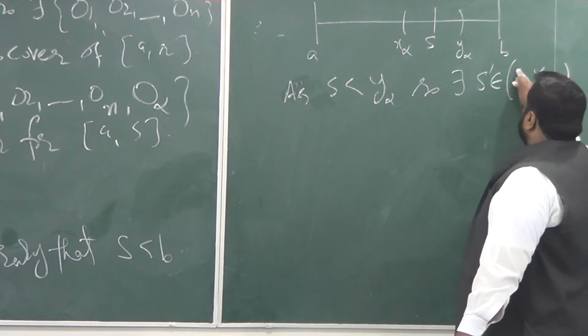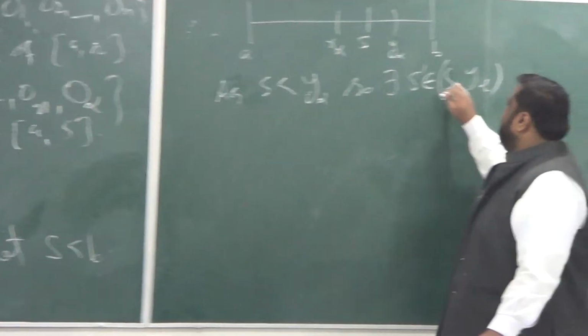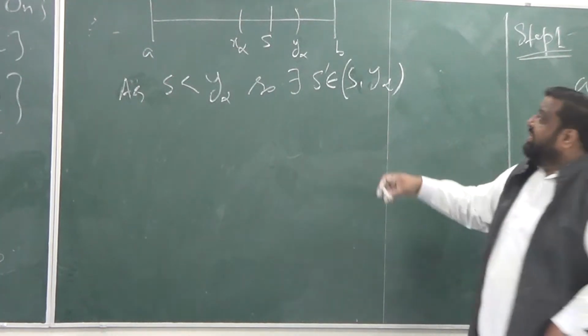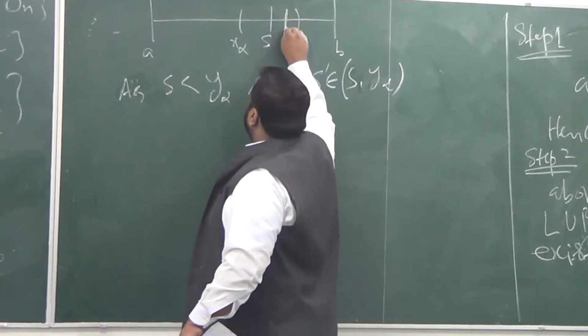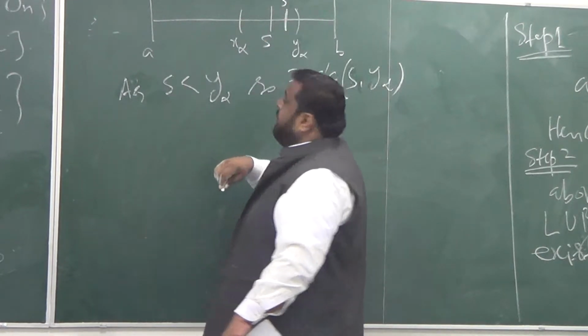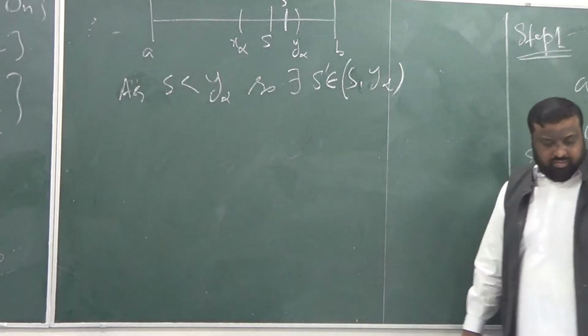In other words, this S prime is neither equal to S nor equal to Y alpha. So it's strictly inside here.